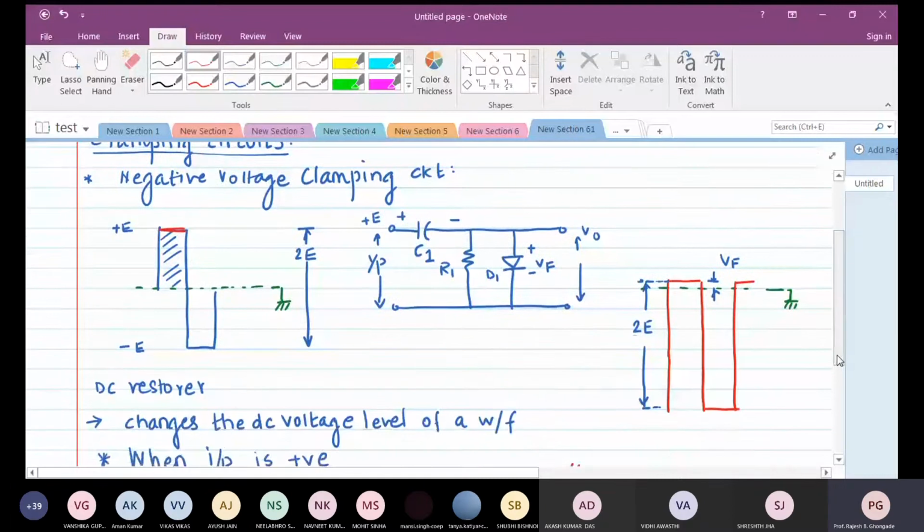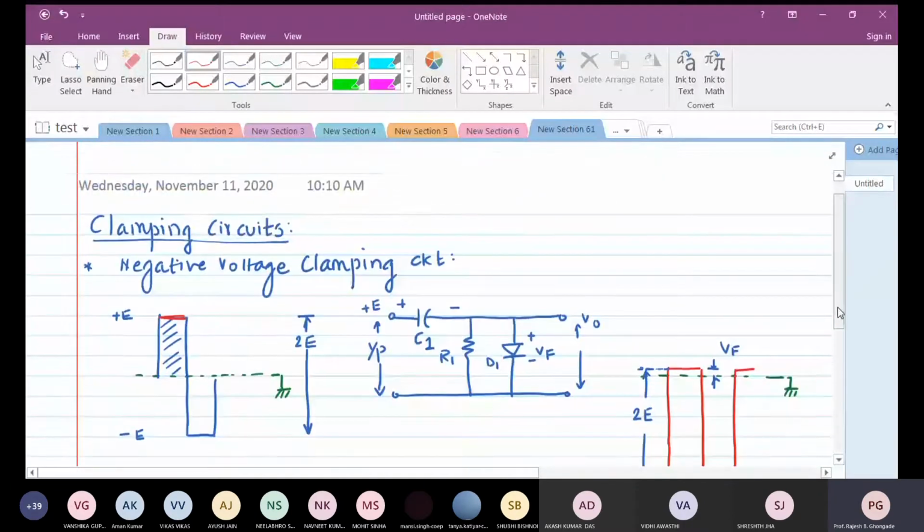Why will it act as a short circuit, by the way? Going back to the basics, a capacitor does not allow an immediate change in the voltage.